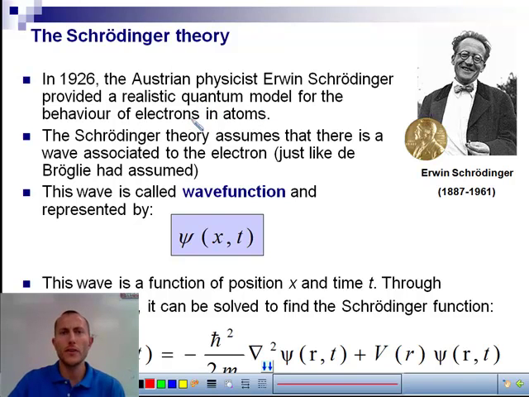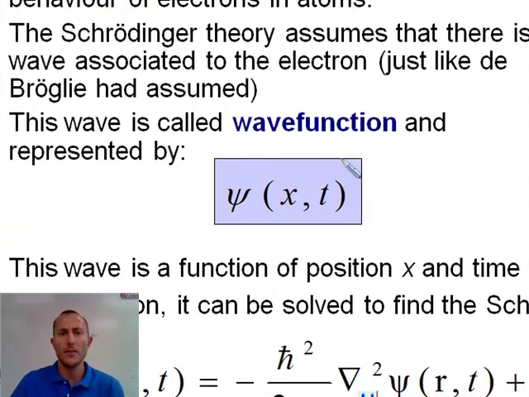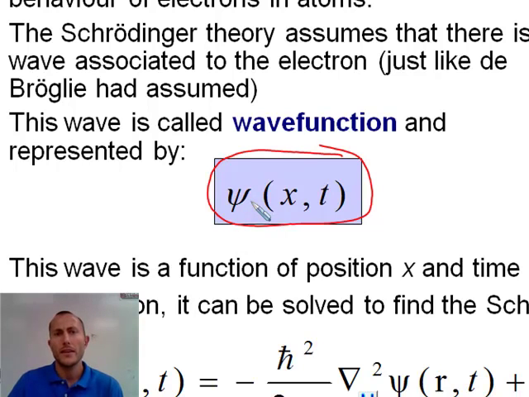And Schrödinger, just like de Broglie, assumed that there was some specific wave function that was associated with particles, and specifically electrons. And that wave function was given by this funny looking function down here. Essentially, psi, this Greek letter here, is our wave function, and it's a function of position and time.